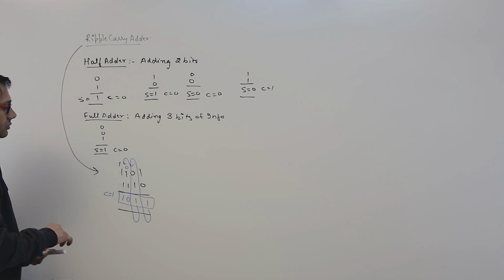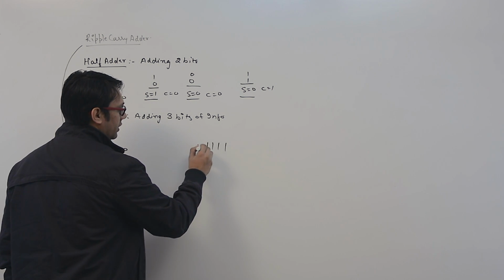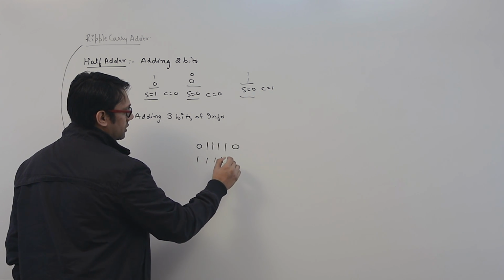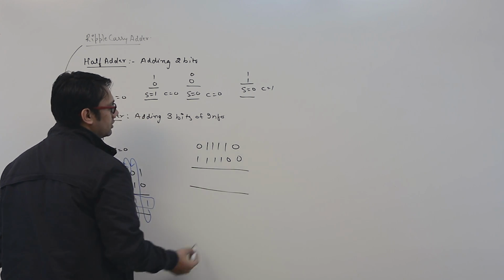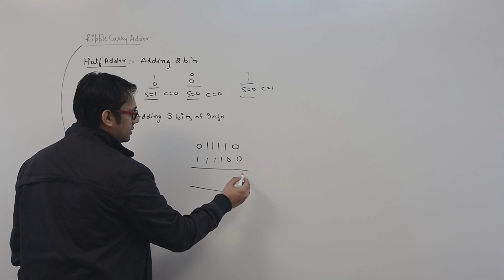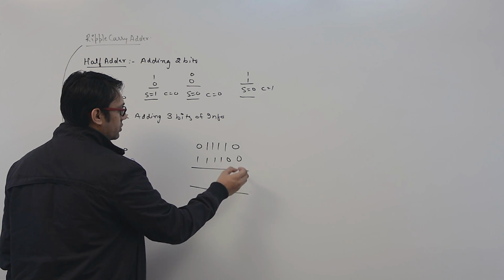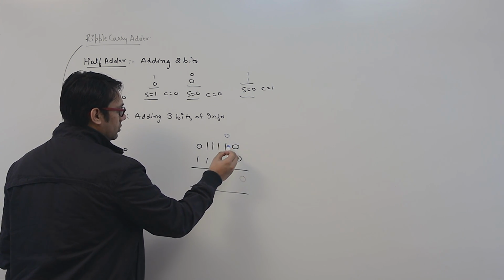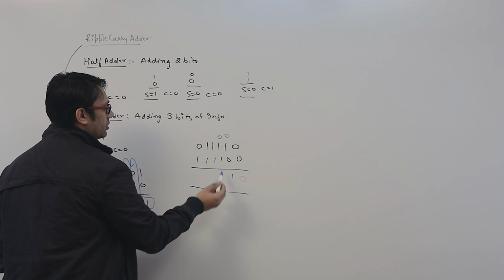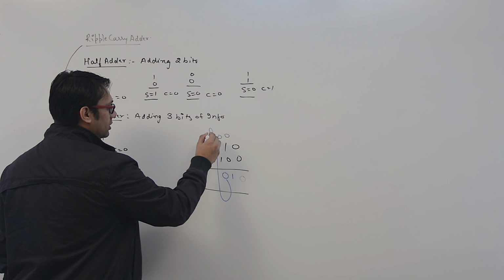In the same way, assume we want to add 0, 1, 1, 1 and 0, 1, 1, 1, 1, 0. We want to add these 2 sequences. Now 0 plus 0 is 0, 0 plus 0 is 0, and the carry which you are going to get is also 0. 0 plus 1 plus 1 plus 0 is 1, and the carry you are going to get is 0. 0 plus 2 times 1 is 0, and the carry which you are going to get from here is 1.